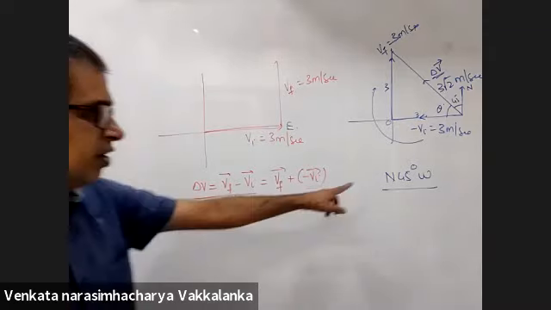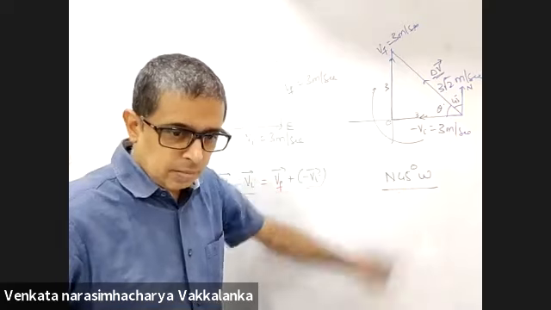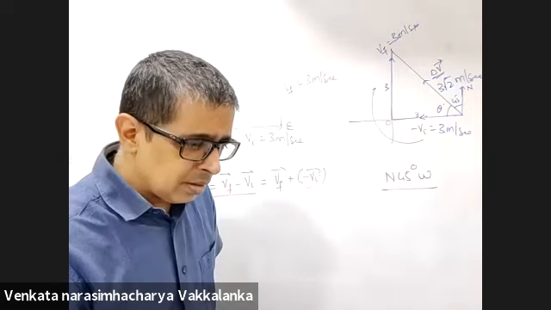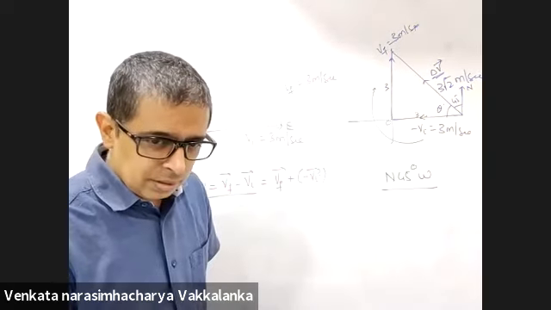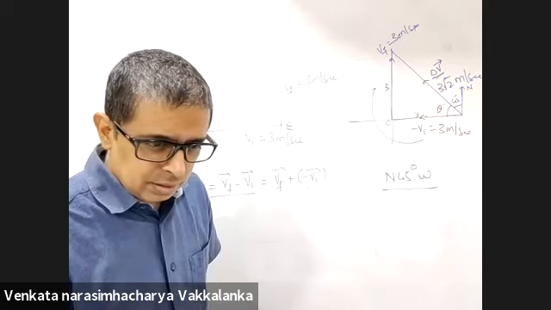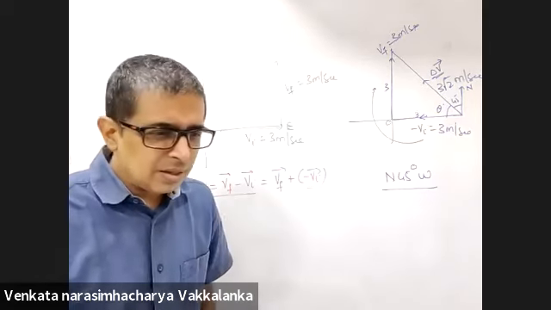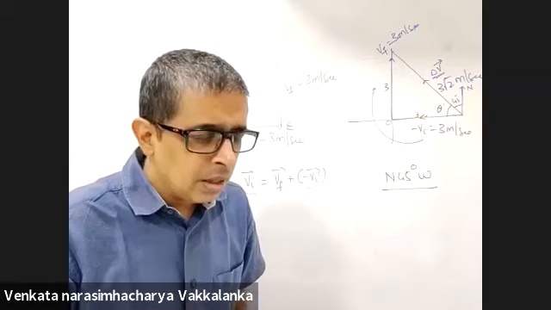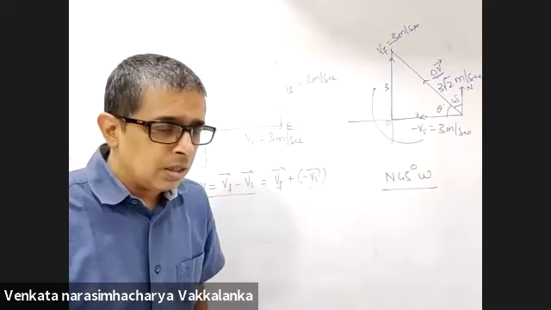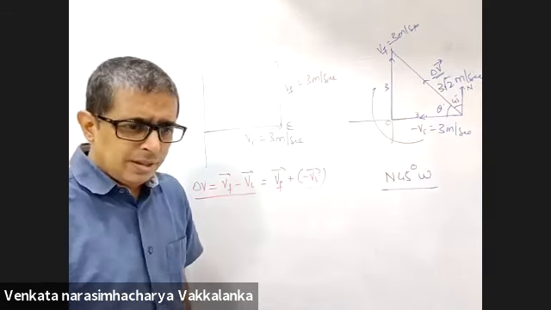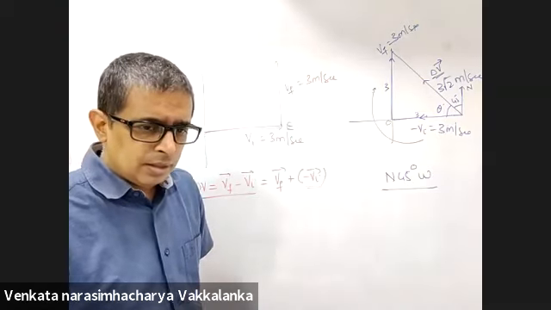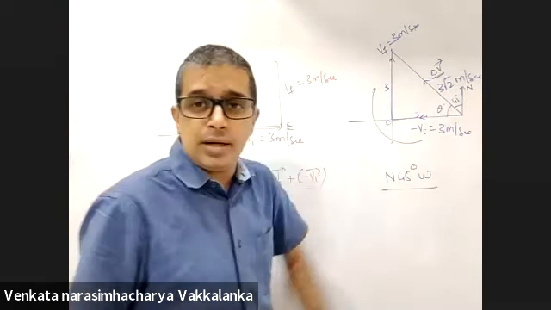The resultant is 0, right? Pardon? So the resultant velocity is 0, right? No. Why? The resultant is 3√2, why would it be 0?